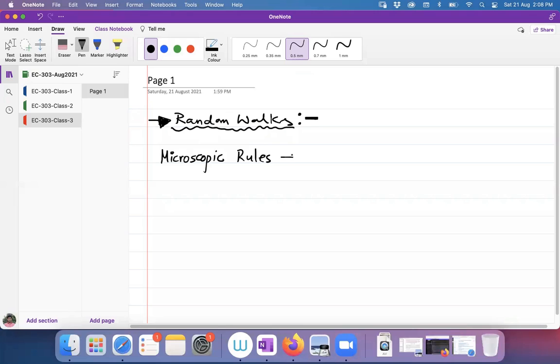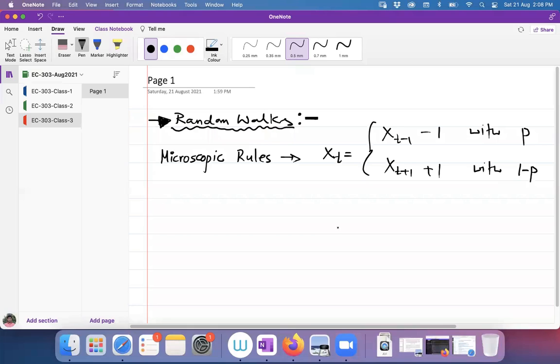So, for example, the simple rule: the walker moves with probability P, and with probability 1 minus P, which we also call Q. When P is equal to half, we have an unbiased random walk.